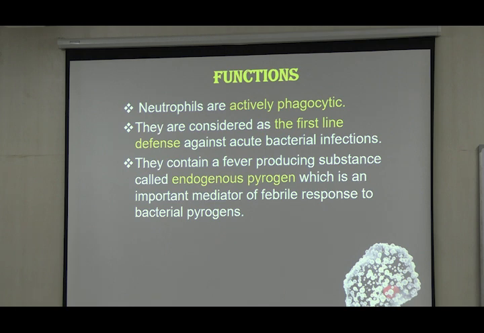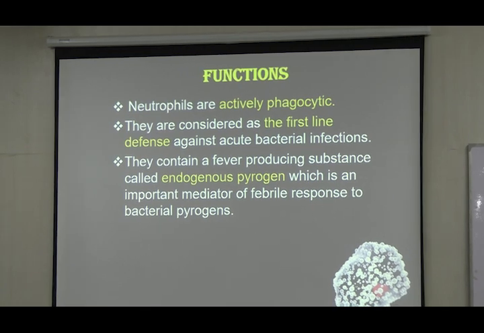This pyrogen, when it travels through blood to our hypothalamus, suppresses the activity of the temperature regulating centers. We have a temperature regulating center.